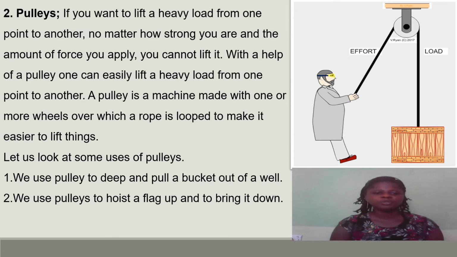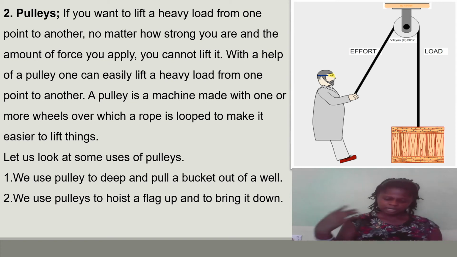If you want to lift a heavy load from one point to another, no matter how strong you are and the amount of energy you can apply, you may not be able to lift it. So with the help of a pulley, you can easily do what? Lift it.